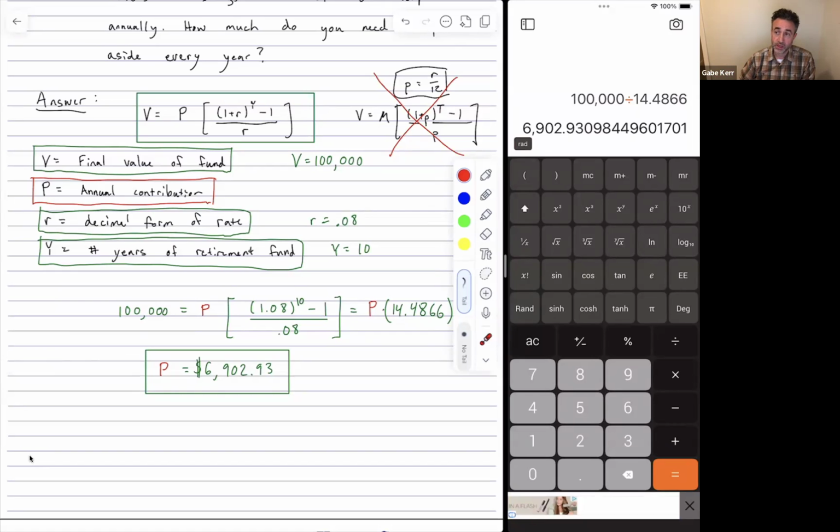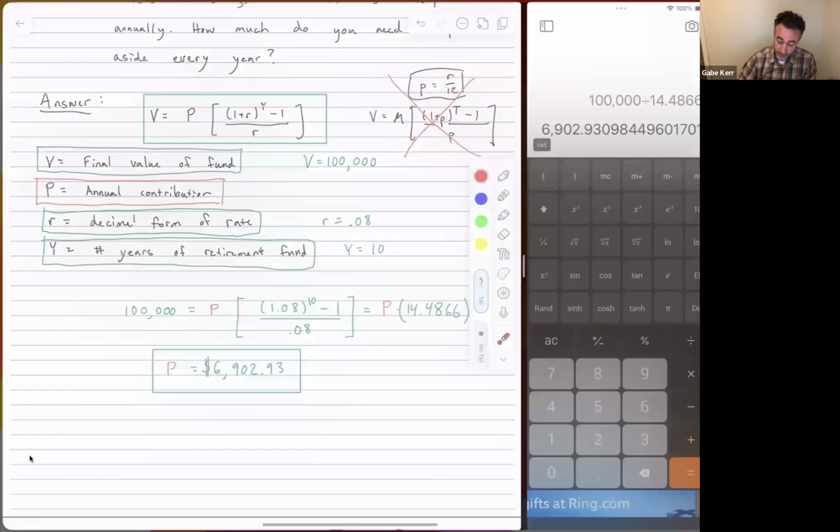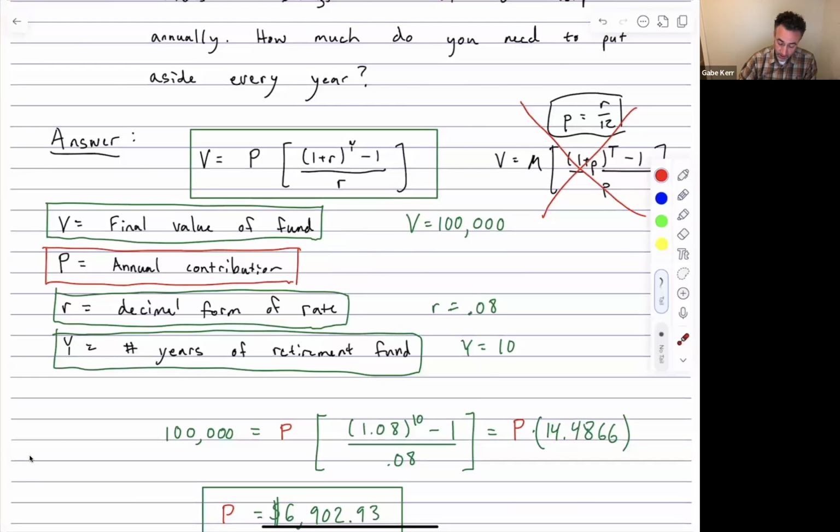Which of the variables does the problem really ask you to find? And then which of the variables does the problem provide for you? Once you have that information, you can substitute and then solve an equation.